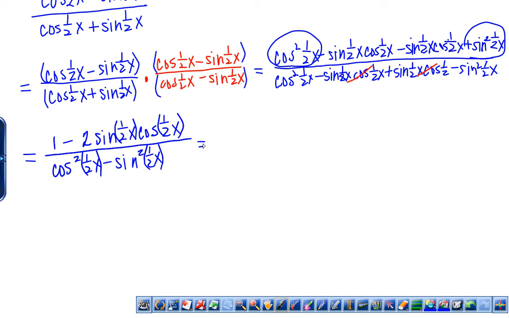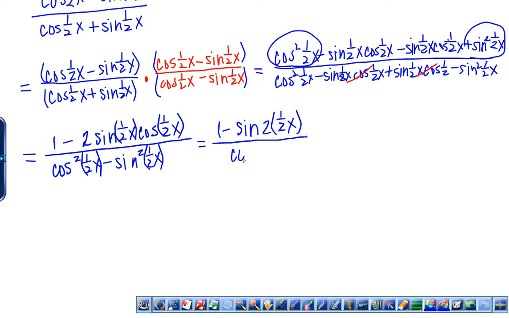That is an identity. 2 sine x cosine x is sine of 2x. But my x value is a 1/2 x. On the bottom, this is cosine squared x minus sine squared x.